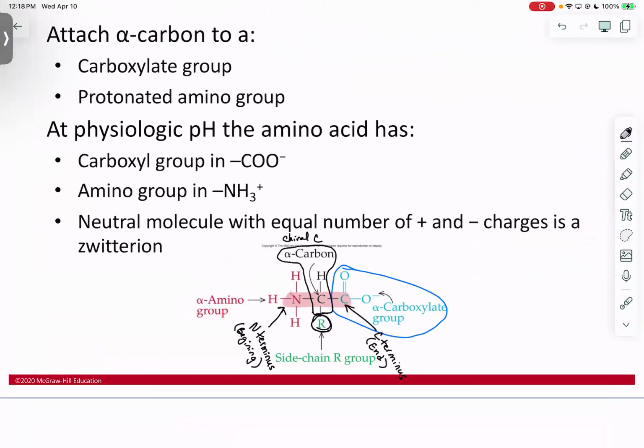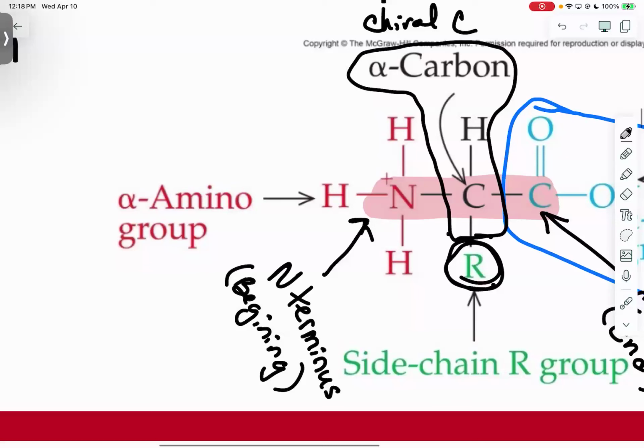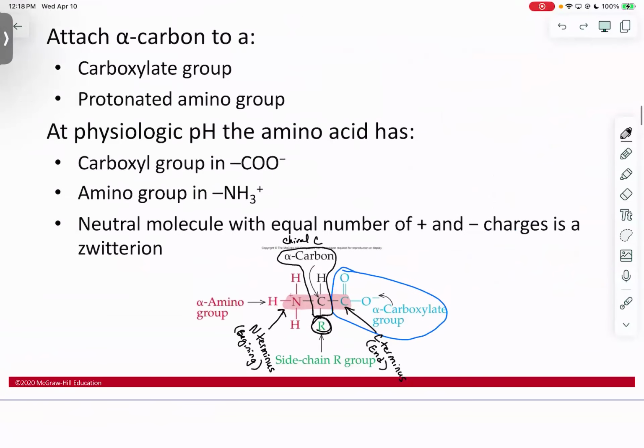Okay, so we said the alpha carbon has a carboxylate group. We talked about that. It has an amino group, and the amino group is protonated. So it has 1, 2, 3, 4 bonds to it. So therefore, it's going to carry a positive charge. So it's a protonated primary amine. And if you're at physiological pH, which is very close to 7, the amino acid is going to look the way it does on the screen.